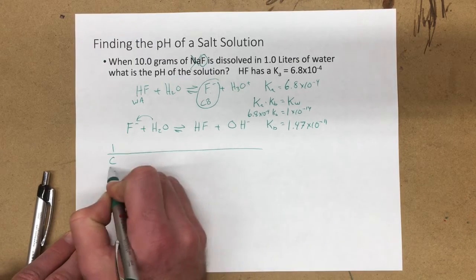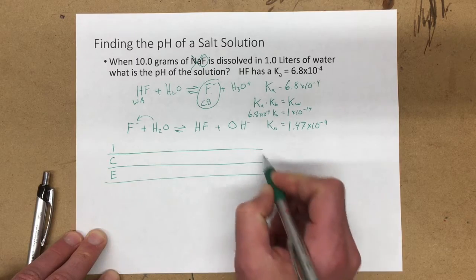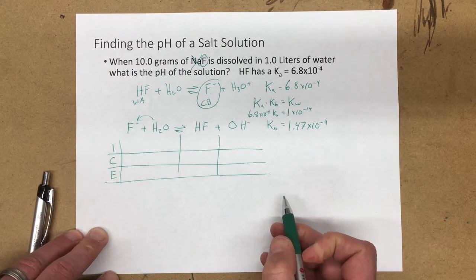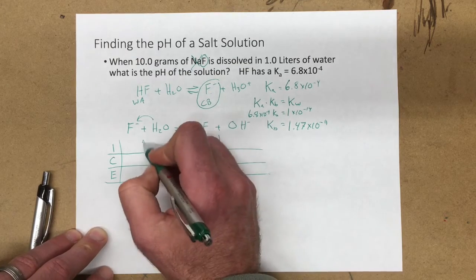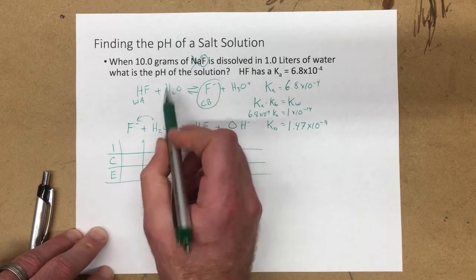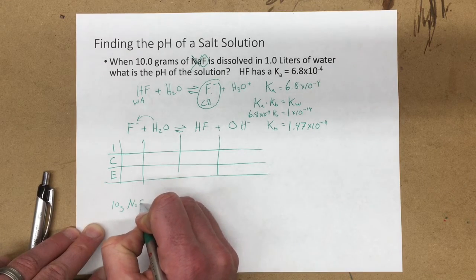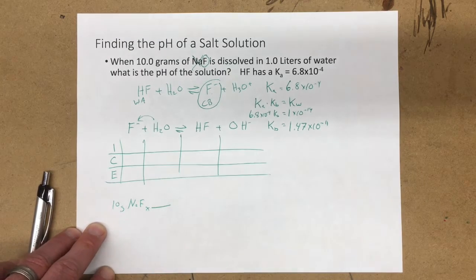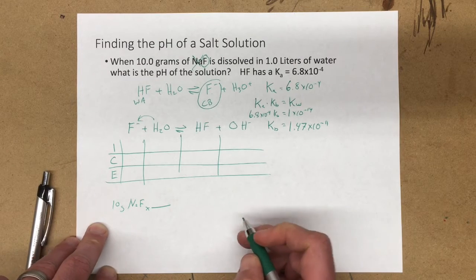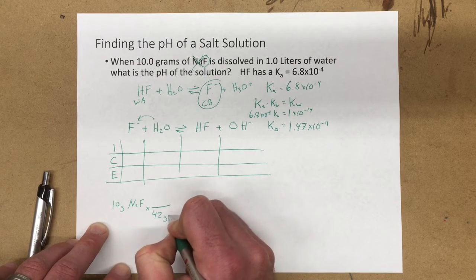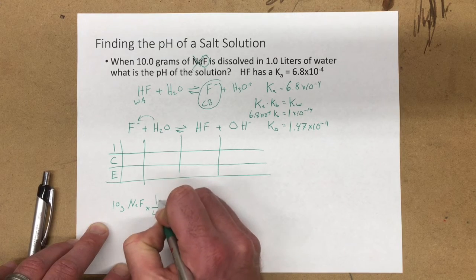And we're going to calculate the equilibrium concentrations when you put fluoride ion in water. So the first thing I need is the concentration. So I had 10 grams of NaF. So I'm going to find the molar mass, which is 42 grams of NaF for every 1 mole.